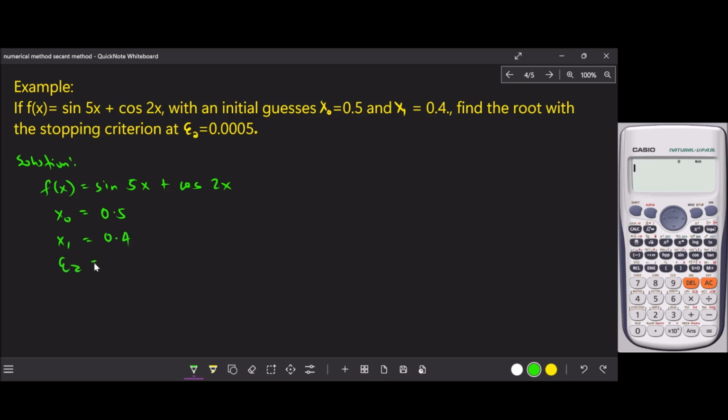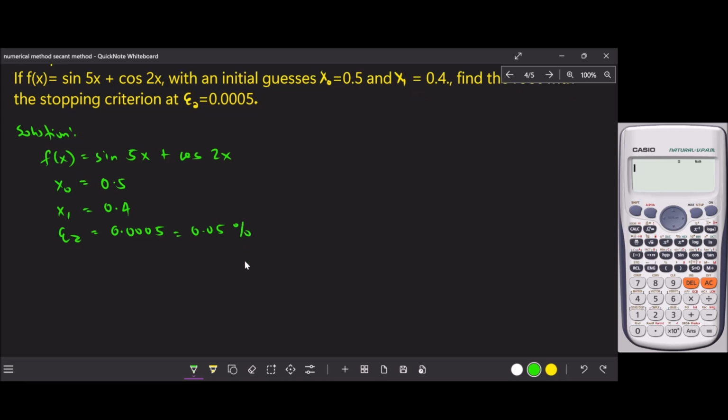Then the accepted absolute error, or the stopping criterion, is 0.005, which is equal to 0.05%. Next, we find f of x0, which is f of 0.5. This will be equal to sine of 5 times 0.5 plus cosine of 2 times 0.5.